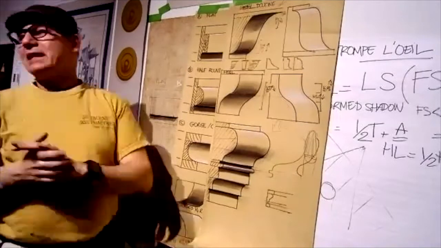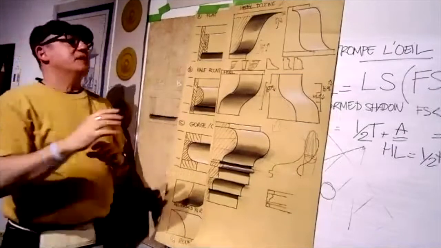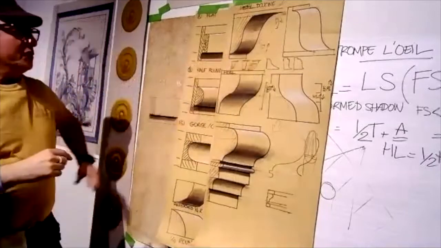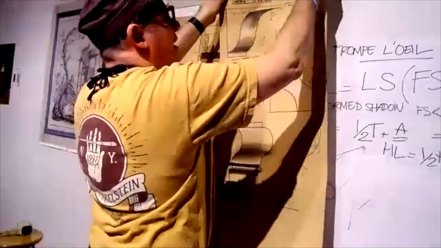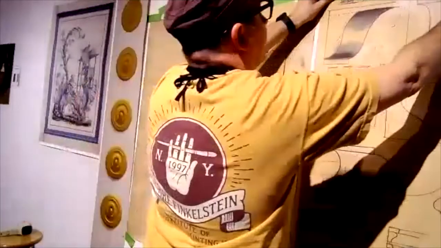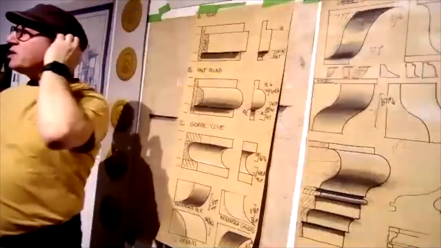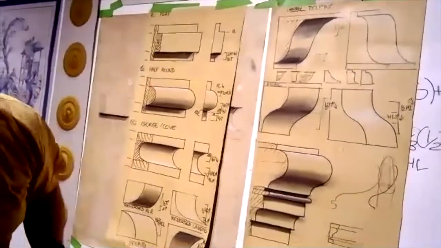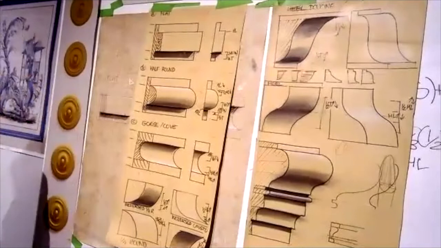All right, let's do a more complex shape. This is called a doucine. It goes this way, right? Now, if you think about it, those are very classical. If you study classical molding ornamentation, it's part of the system. I'll use a stick to be more efficient.